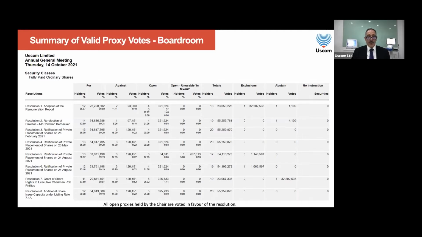So the poll's open. If you've already submitted a proxy, it's not necessary to vote during this meeting. Resolution 1 is as follows: that the remuneration report for the year ended 30th of June 2021, as set out in the director's report, be adopted.